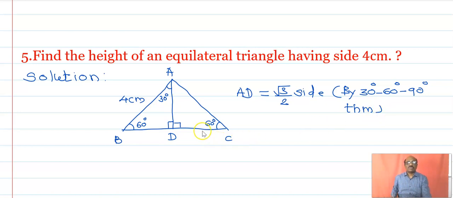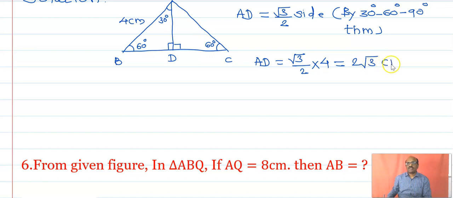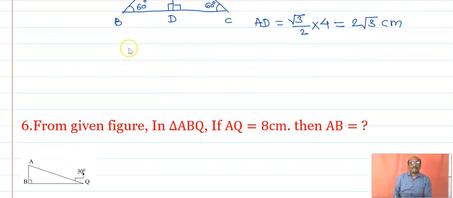AD is equal to... now we know this side, and therefore here I will write AD is equal to root 3 upon 2 into 4, that is 2 root 3, and it's in centimeter, and hence the height of the triangle.